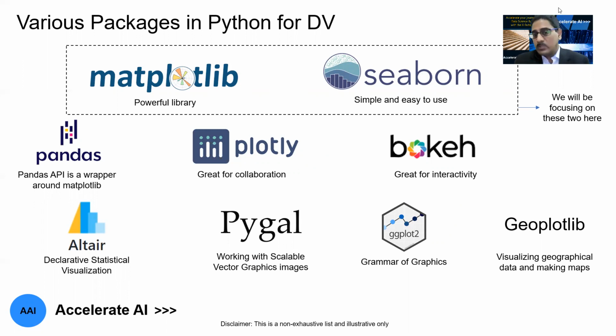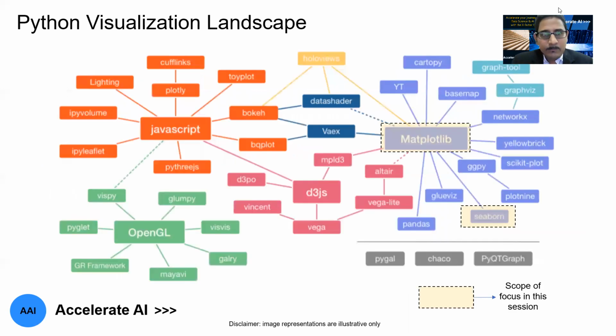And then ggplot2, the grammar of graphics, can also be used in Python, like the way we use it in R predominantly. And of course, geoplotlib. Now, this is again a non-exhaustive list. There could be a lot of other packages as well, but these are more prominent ones and commonly used, out of which we'll focus on Matplotlib and Seaborn as part of this video.